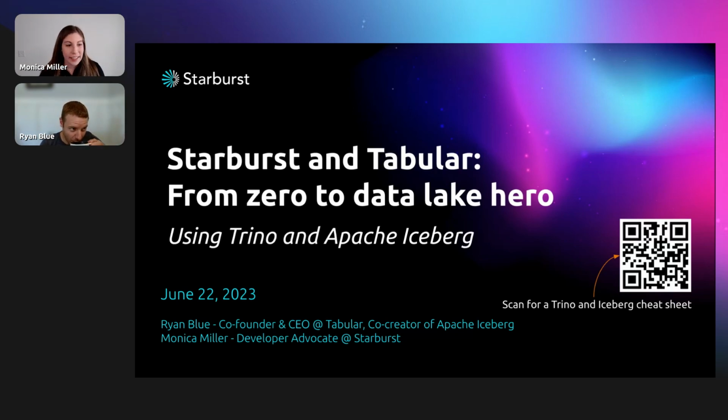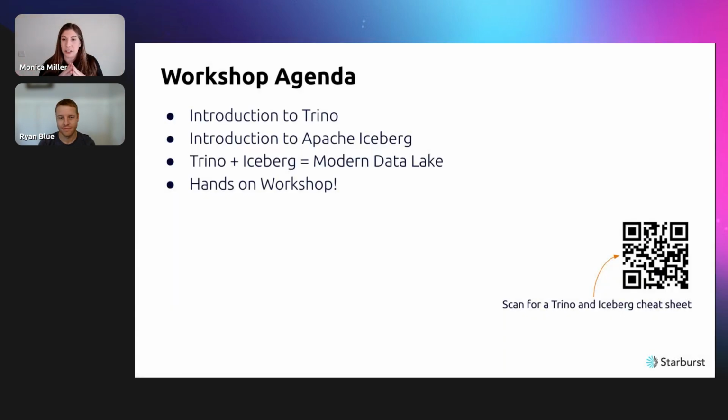So I think we're gonna go ahead and get started. In the meantime, let's just do a quick rundown of what we're gonna get going, so any late tricklers in can catch up. We're going to do an introduction into Trino, and an introduction into Apache Iceberg. We're going to talk about why Trino and Iceberg are the modern data lake combination that you want for success.